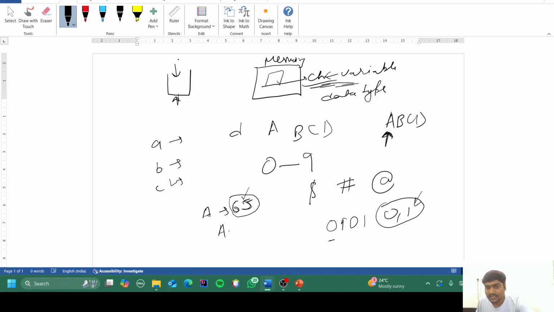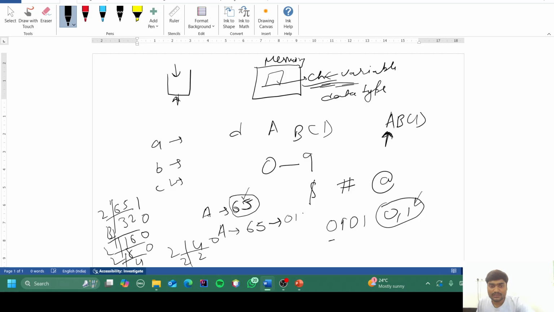So whenever we enter A, the computer understands first 65, and then this 65 is converted into 0 1, the Boolean expression. If you convert 65, it goes like this: divide by 2 repeatedly, and you get 1000001.